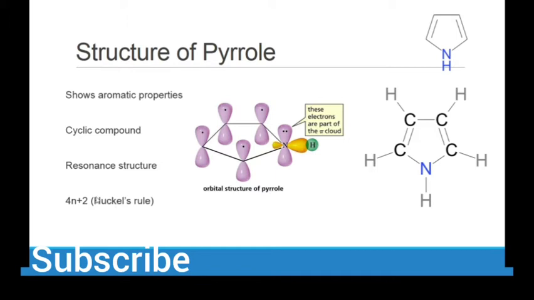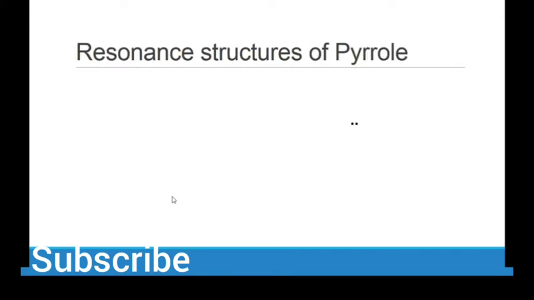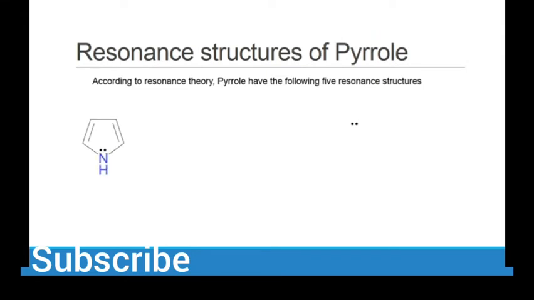So you have to keep in mind that these 3 properties must be fulfilled by a compound to show aromatic properties. If we see the structure of pyrrole, it is a cyclic compound, it shows resonance and it obeys Huckel's rule 4n plus 2.